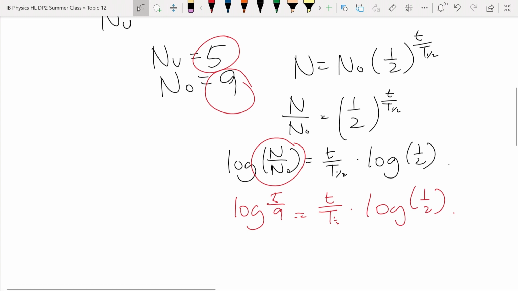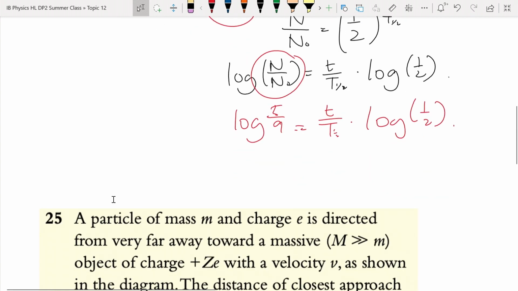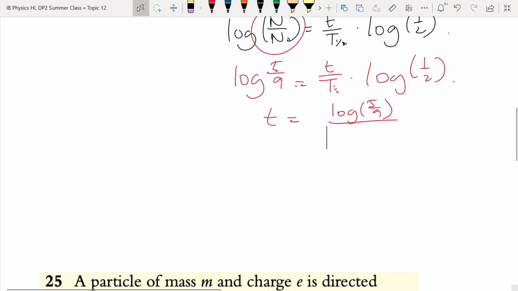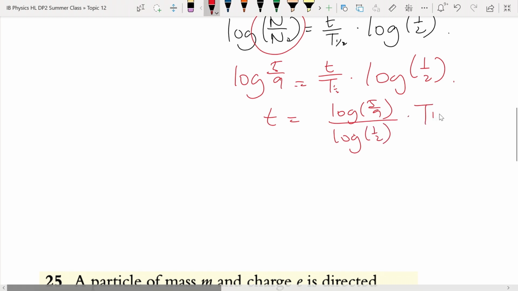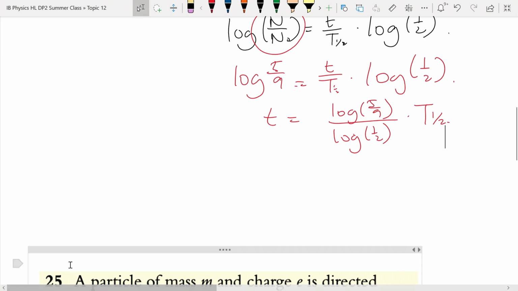Just 1 second. And we'll find that, sorry, not the half-life, we're looking for the time, is equal to the log of 5/9 divided by the log of 1/2, multiplied by the half-life, which we know.